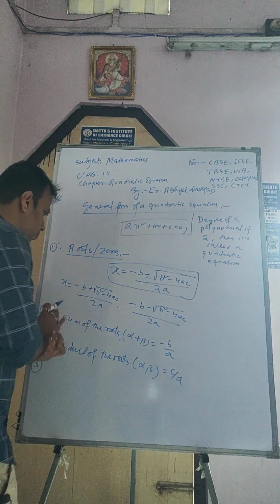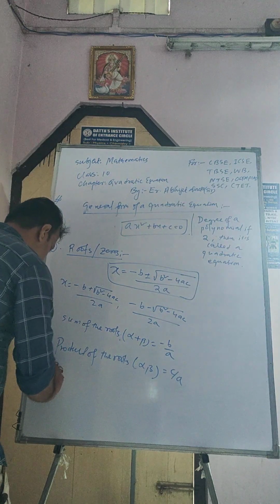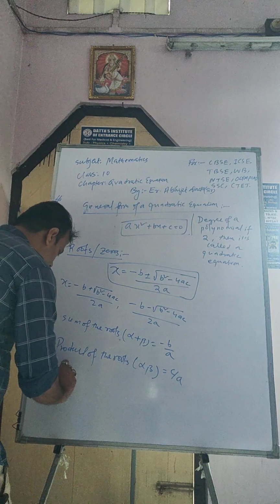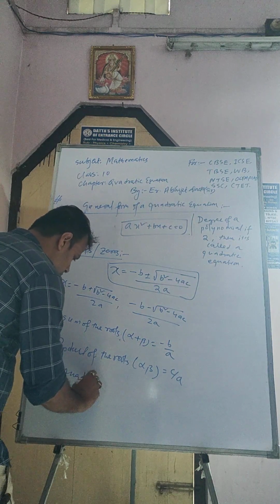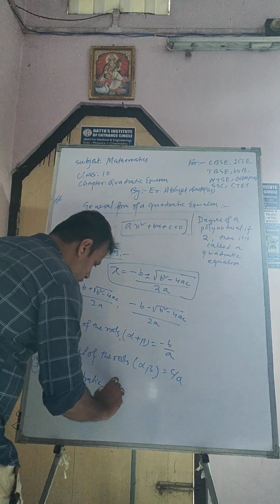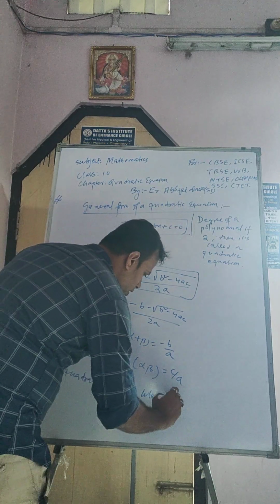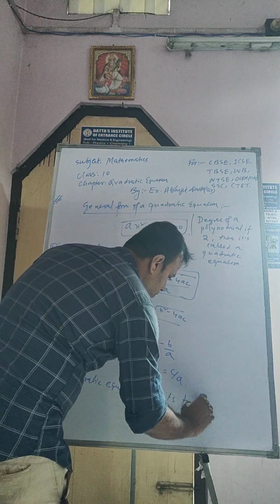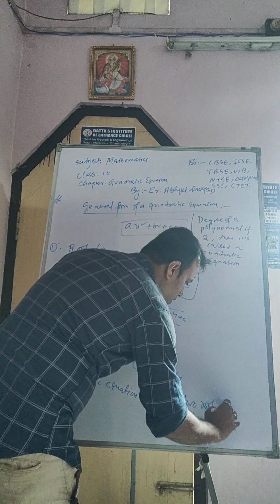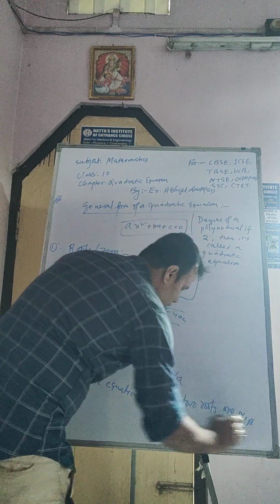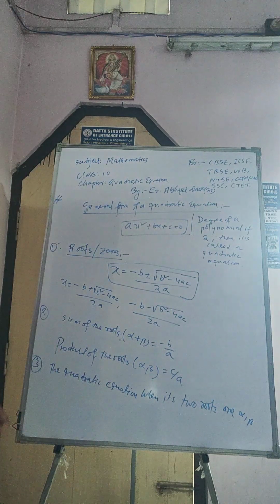Now number 3. If the two roots of a quadratic equation are alpha and beta, how can I find the quadratic equation?